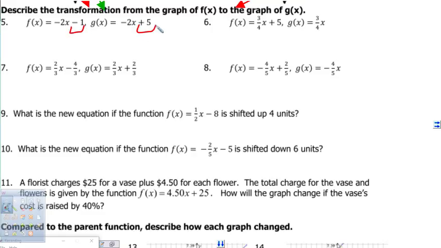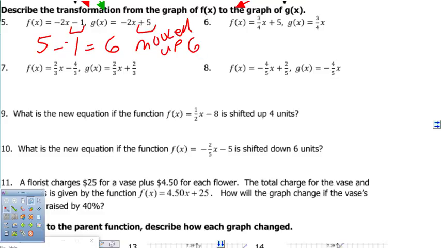So basically we're going to subtract the y-intercepts from each other. So we're going to do the second y-intercept minus the first y-intercept. Okay? And that's going to be 6. So it moved up 6.